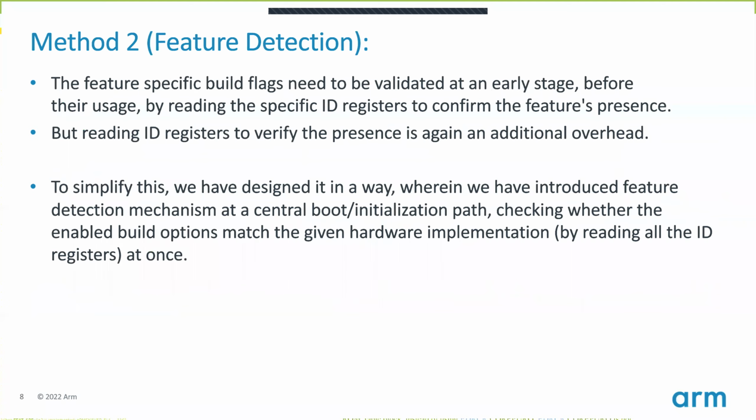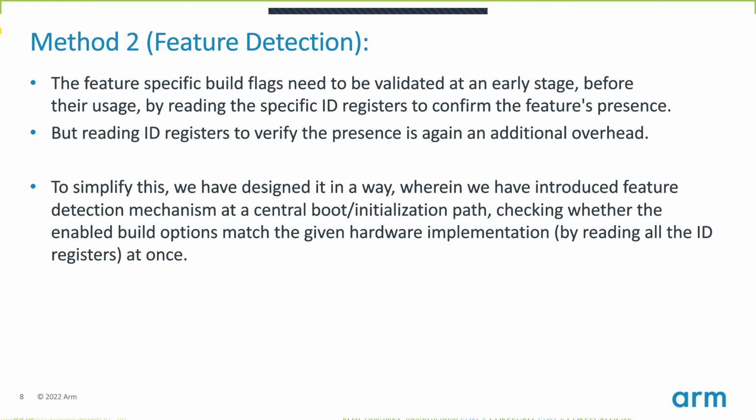So moving ahead, what this feature detection mechanism is all about: we'll be validating these build flags at an early phase, that is during boot time, and then based on that, we'll be making use of these build flags at the later sections. I will be explaining in the next slide about the code sections where exactly these build flags will be utilized. One thing is we will be validating these build flags by reading the ID registers.